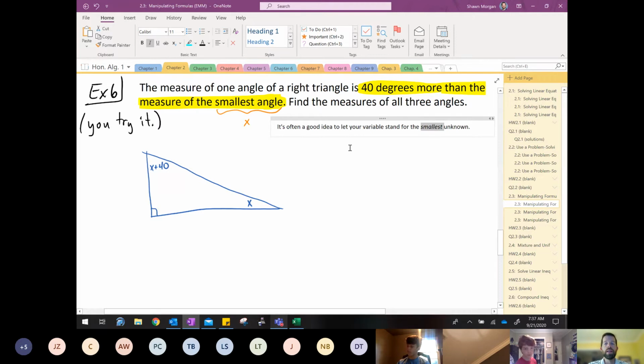All right. And the reason I say that is so that we can use that operator that Joey just told me to use, so that we could use addition as opposed to subtraction. Not that we're scared of subtraction, right? But when we add, oftentimes things stay positive. We make fewer mistakes, I've found that is the case with me. So I've said let X be my smallest angle, and then we did X plus 40, right?